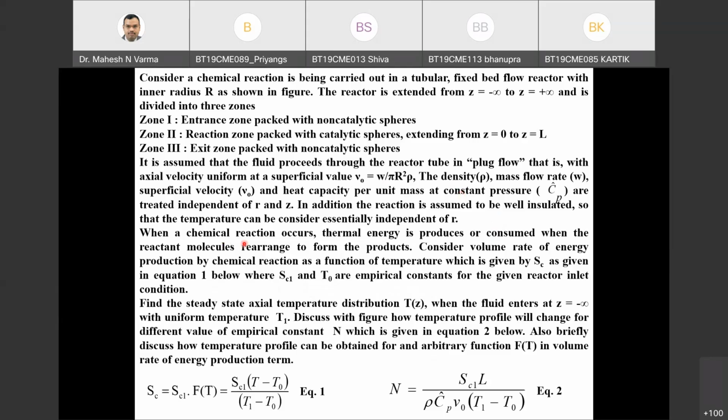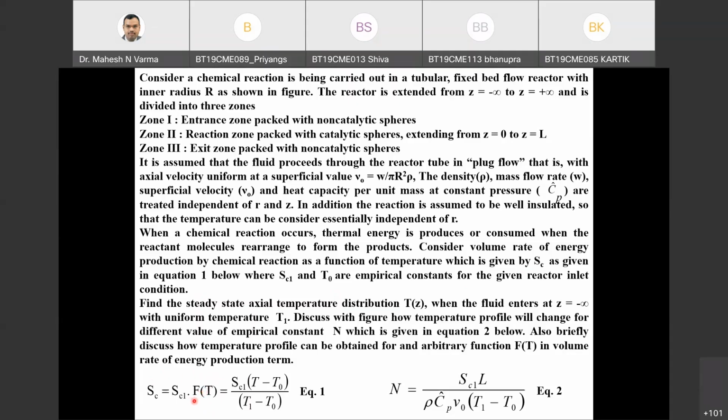When the chemical reaction occurs, thermal energy is produced or consumed as reactant molecules rearrange to form a product. Consider the volume rate of heat production by chemical reaction as a function of temperature. This heat generation Sc is a function of temperature, as given by equation 1, and f of T can be anything.